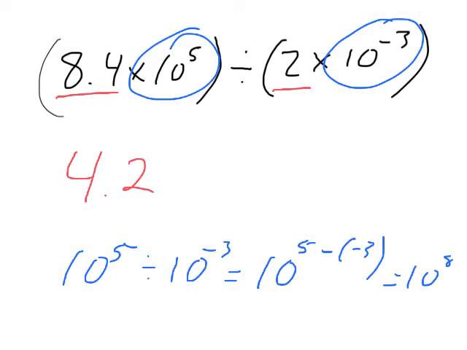So I would write this one as 4.2 times 10 to the 8th power. The last thing I'm going to ask myself is, is this scientific notation? Well, it is, because I have a factor that is 1 to less than 10, and I have times 10 to an integer power.